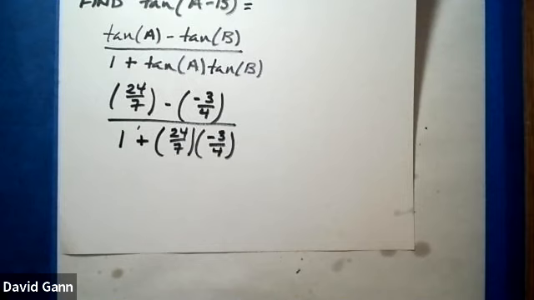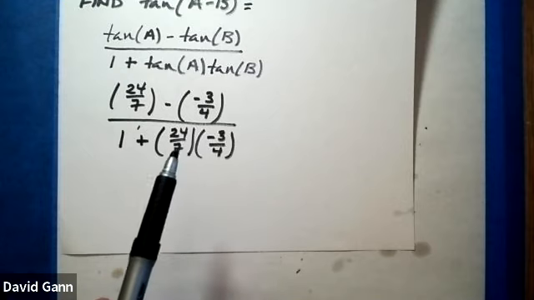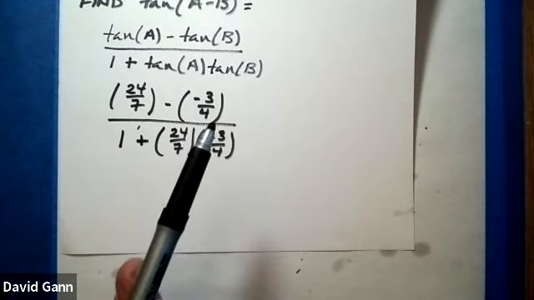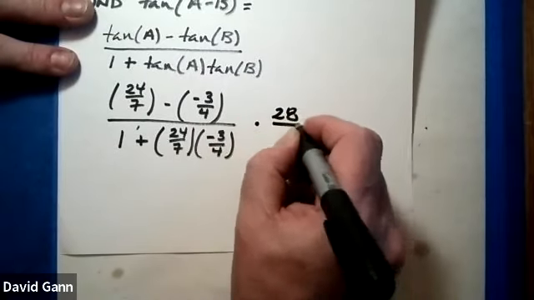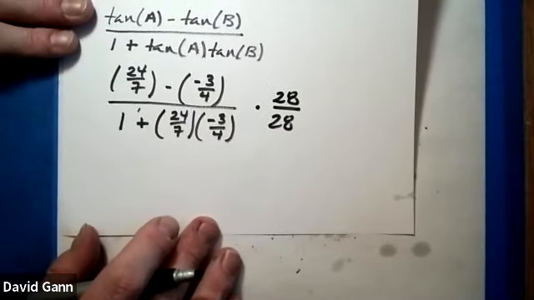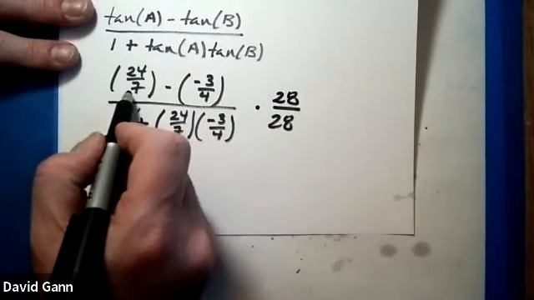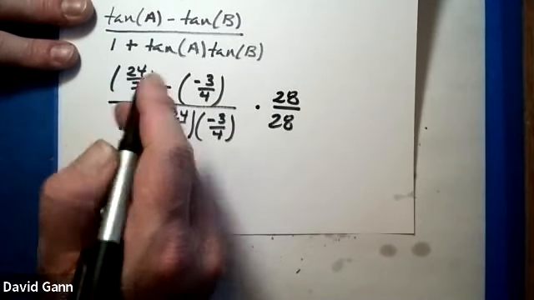And so what I would suggest is that we simplify that using method 2, which is to multiply all terms by the least common denominator of all the interior terms, which in this case is 7 times 4, which is 28. So I'm going to multiply everything in here by 28. The 28 will kill off the 7 and leave 4, so we end up with 96.